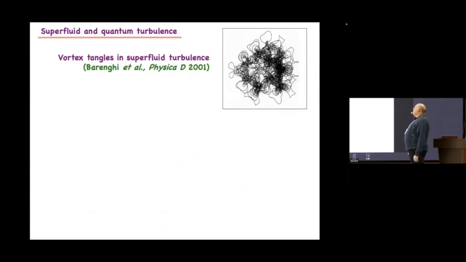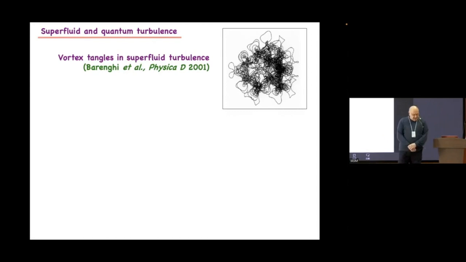All right, so just to set the scene, many of you know this, but I'd like to point out that in a superfluid, helium superfluid, not condensed matter, you have vortices that are extremely thin in the aspect ratio, and they form complex tangles.